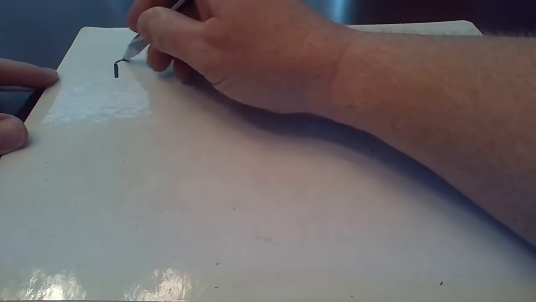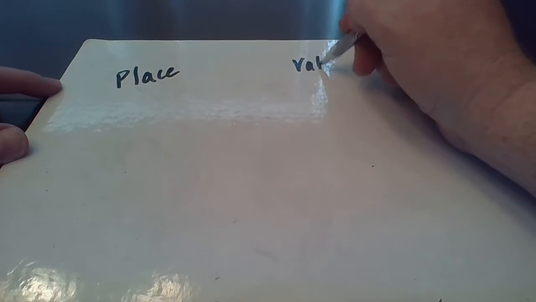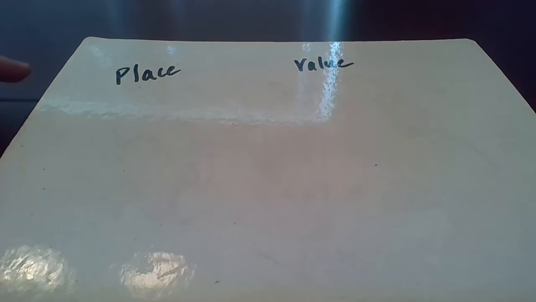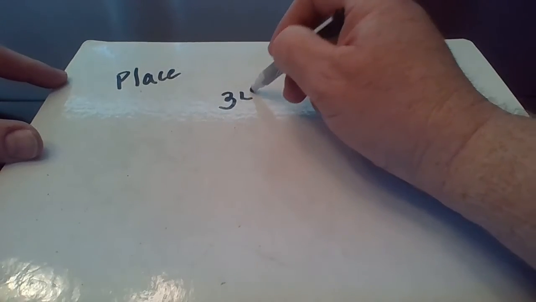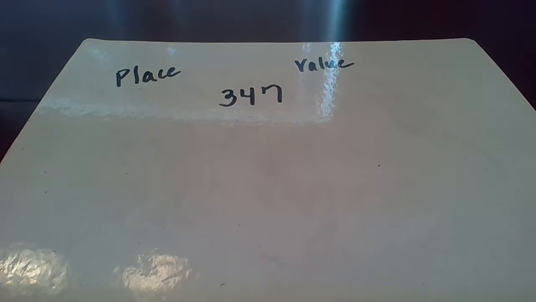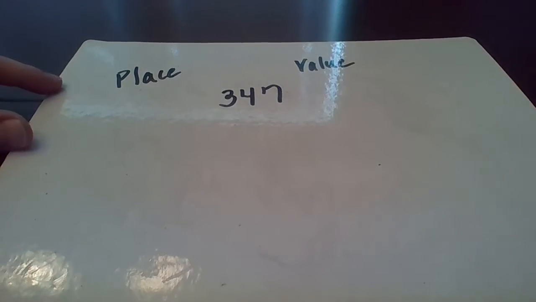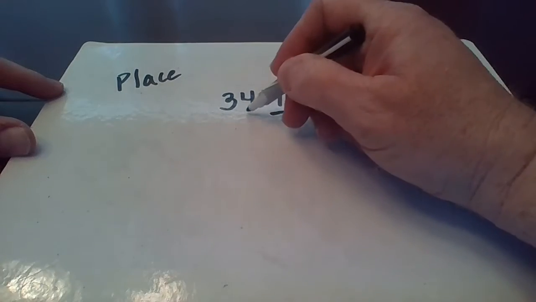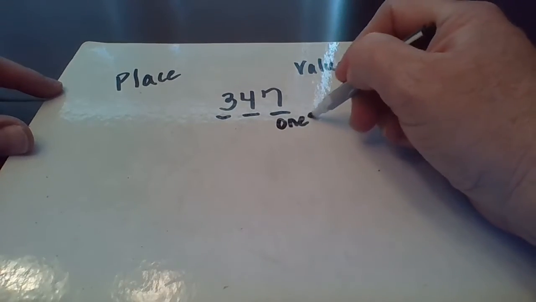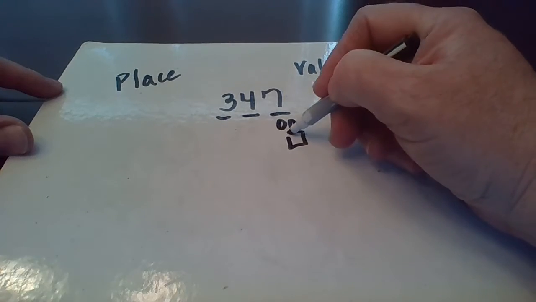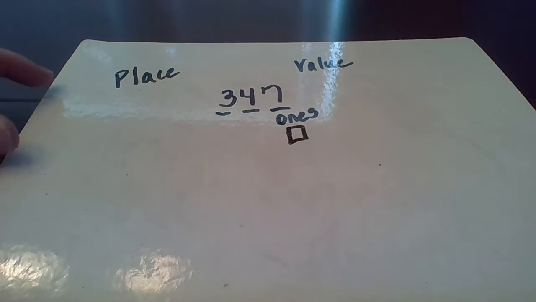If you remember before, we talked about place and we talked about value. Now remember, place means what place is the digit in. So we're going to use 3-digit numbers today. If we had the number 347, we have 3 places. We have this place, this, and this. Remember, we call this the ones place, and we can show that with a unit block or a ones block.